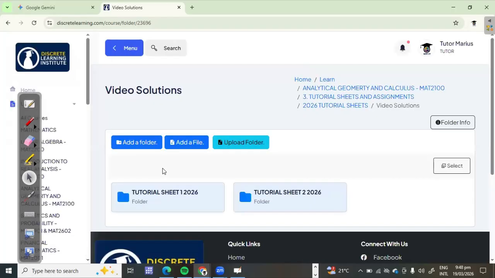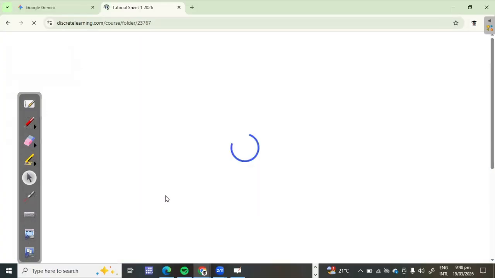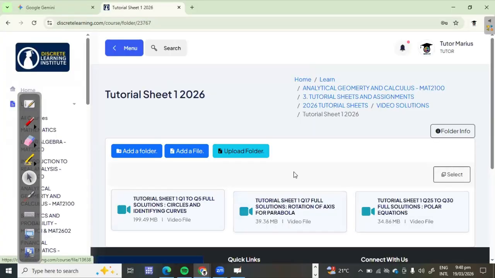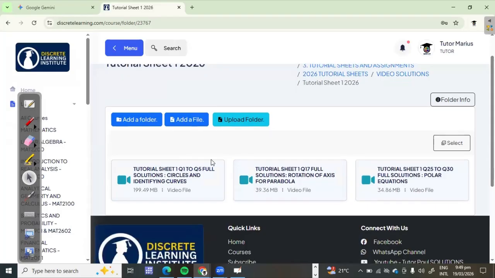Okay, so then you have tutorial sheet 1 here. You see those parts that we skipped, that is question 1 to question 5. You can find them here, which is just circles and identifying the curves. And you can follow through those simple axes as we had discussed.